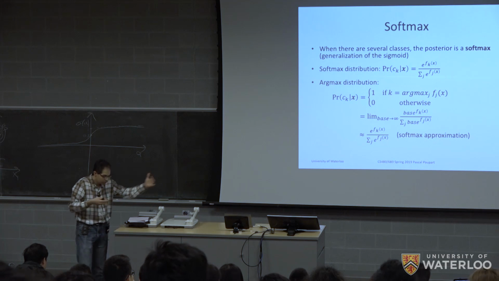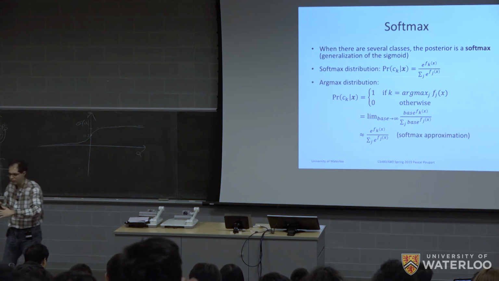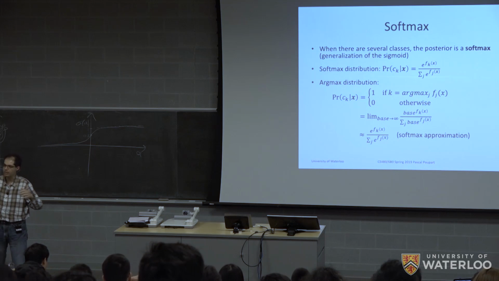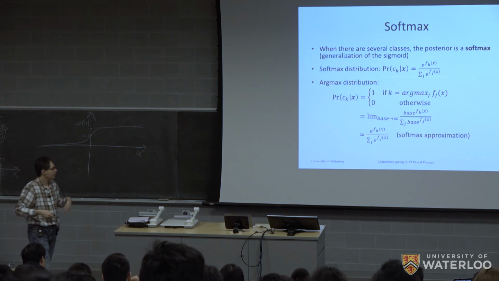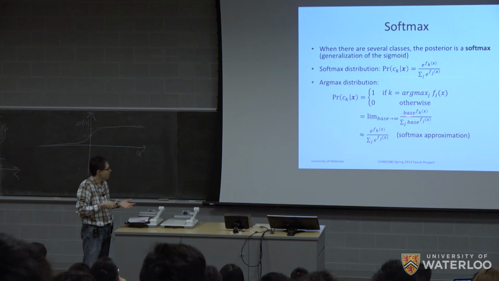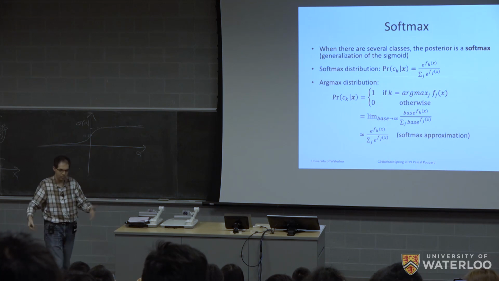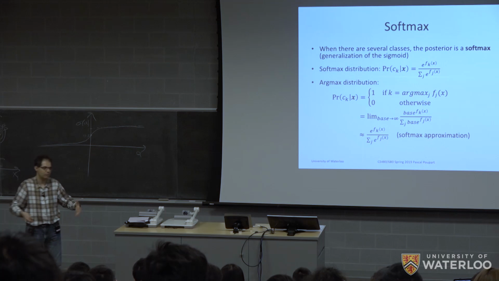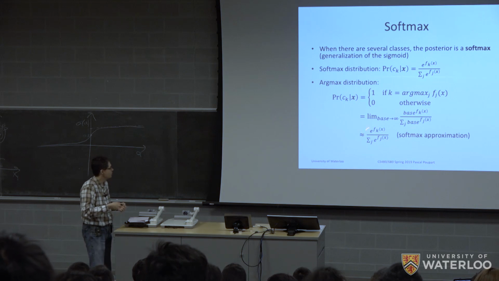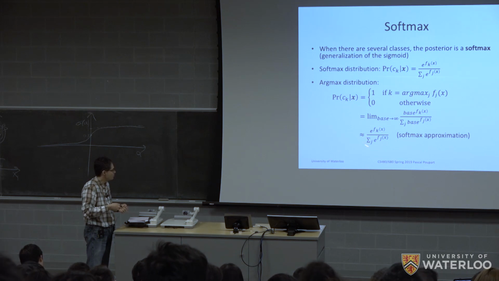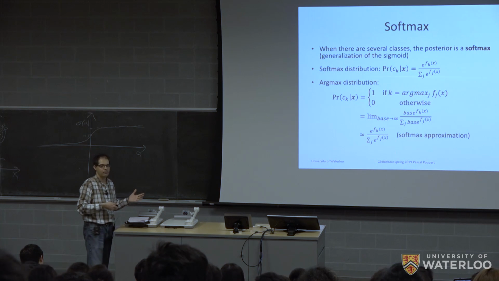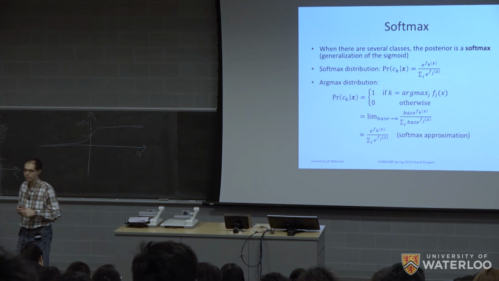But if I don't want something that is just 1 versus 0, but I want something in between, something that is softer, then I could consider a base that is finite, like I could simply consider e, and exponentials are easy to compute in most libraries and on computers. So then it gives us a soft version of this argmax distribution, and that's why it's called the softmax. So that's where this comes from.